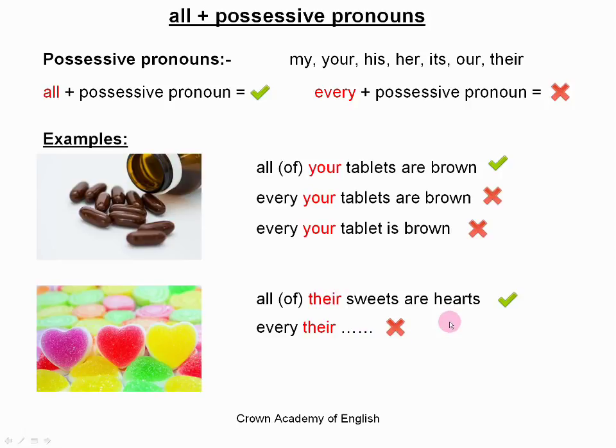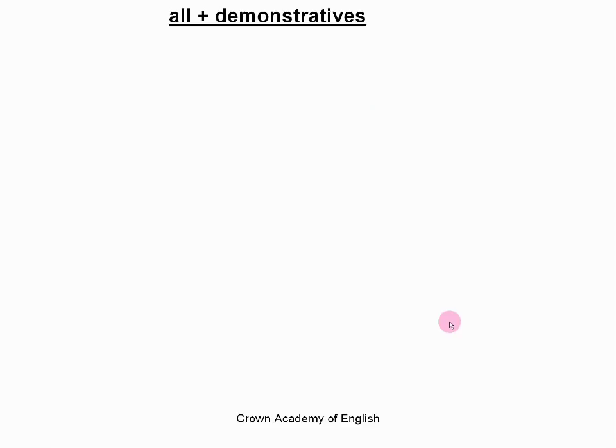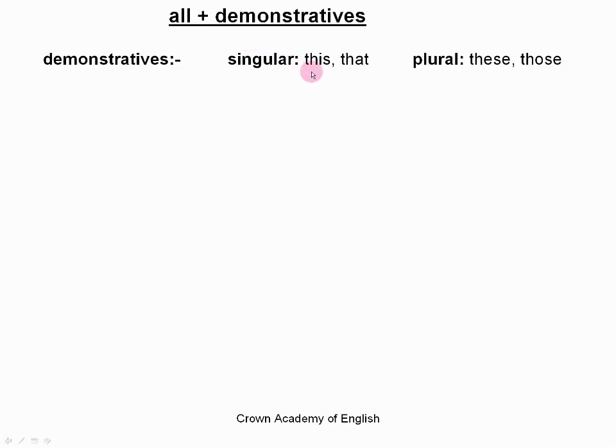Now, similarly, if we want to use something called a demonstrative, we can only use the word all. So what is a demonstrative? Well, in English, the singular would be this and that, and in the plural, it is these and those.